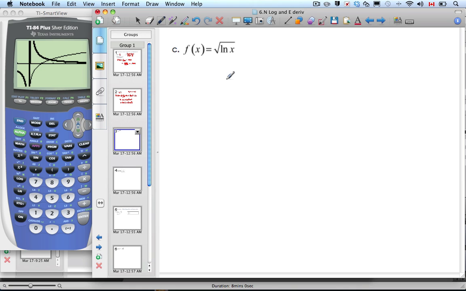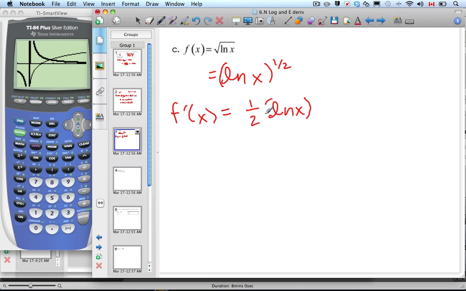We have the square root of ln x. Let's rewrite this. Get rid of radicals and put them as exponents. So again, chain rule. We pull the 1/2 down, keep the inside function, and subtract 1 from that power, and we get negative 1/2.